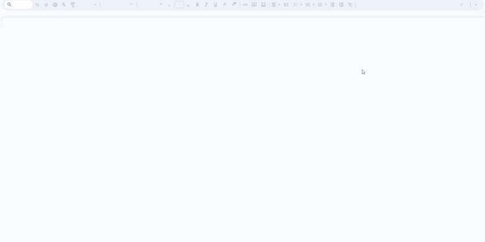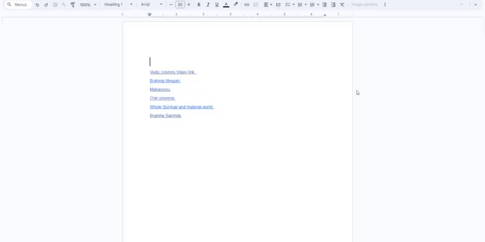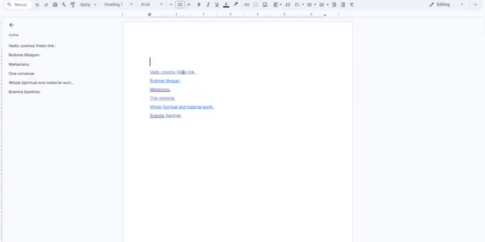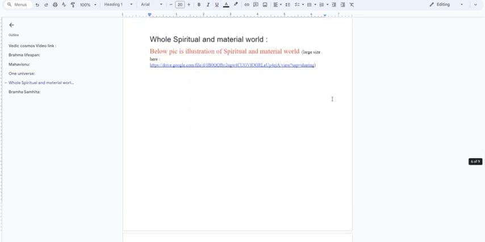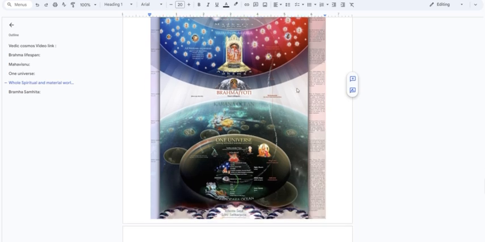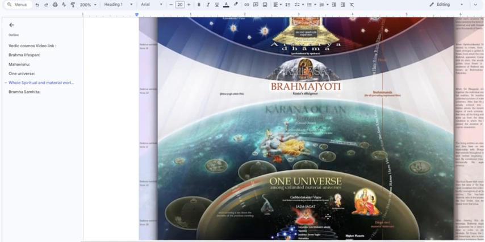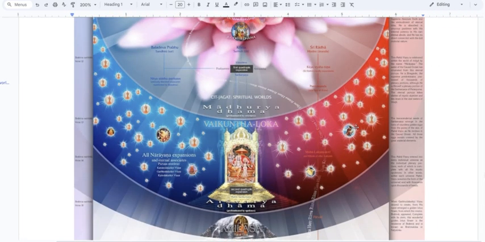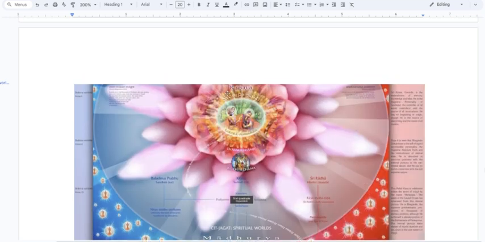So, moksha. There are three types of moksha. First, let me expand this. This is Krishna Loka, the Vaikuntha planets.